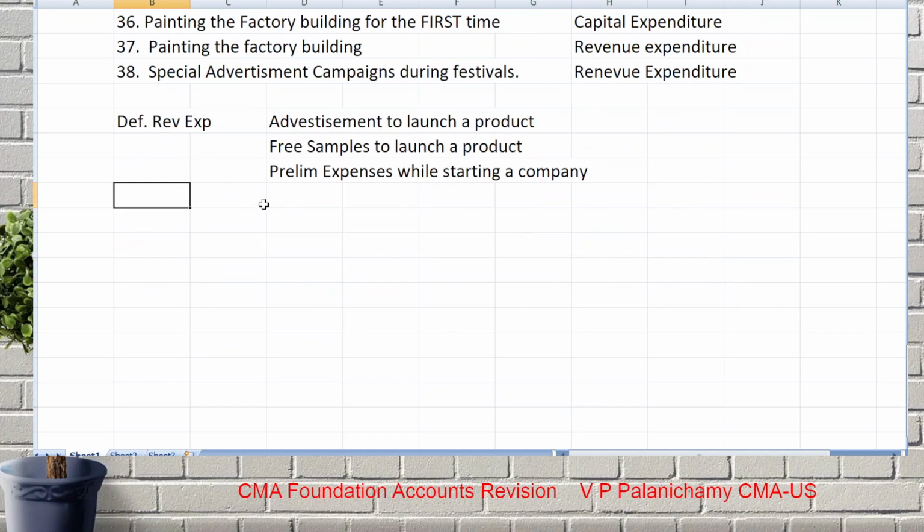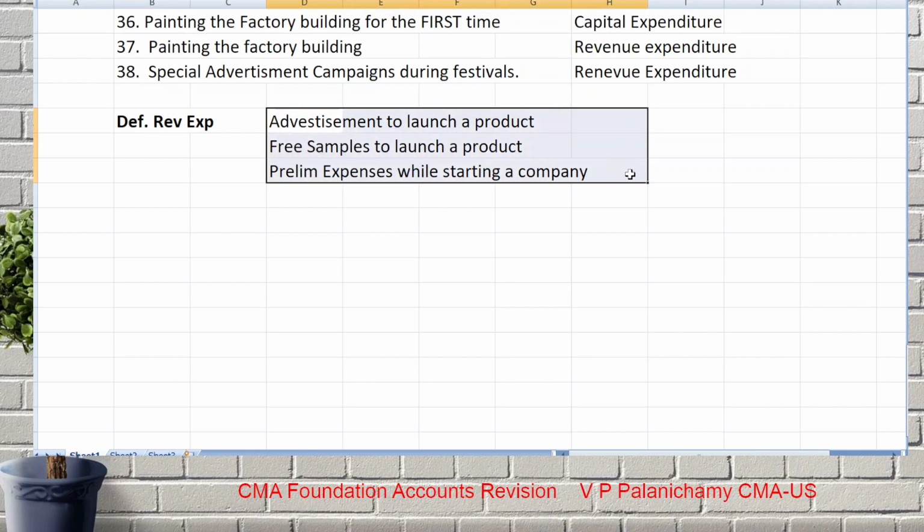Expenses incurred to start a company. That's called as which one? Preliminary expenses. They are called as what? Deferred revenue expenditures. So these are general examples of deferred revenue expenditure. Sometimes they will give you some expenses where the benefit is 3 years, 4 years. Then that is called as which one? Deferred revenue expenditure.